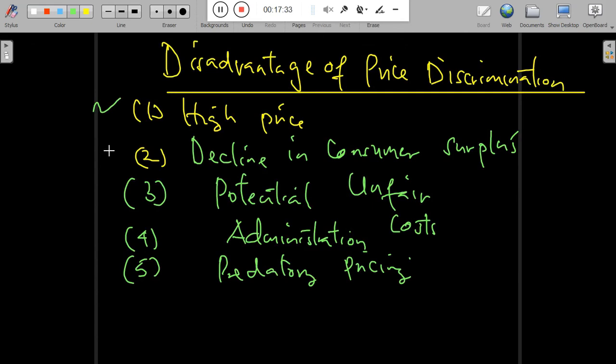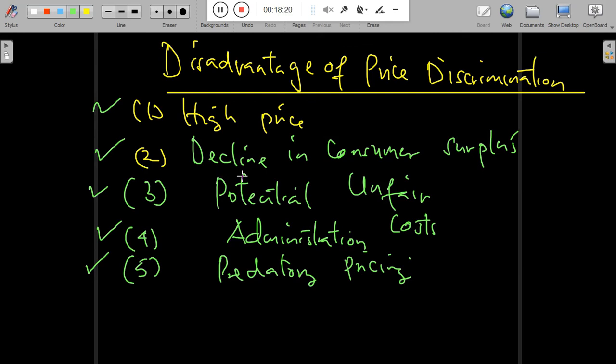Let's come to the disadvantages of price discrimination. Higher price, decline in consumer surplus, potential unfairness, administration cost, and predatory pricing. Higher price is a disadvantage since there are some who are favorable to the price and those who are not. Also, consumer surplus is lost for consumers who are charged the higher price.